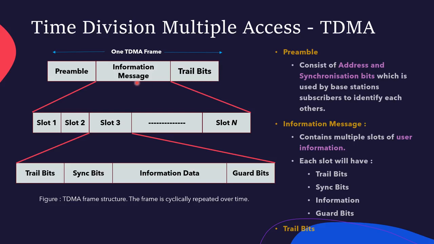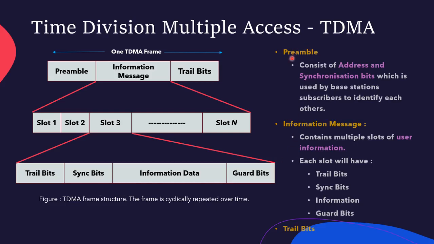The information message contains multiple slots, and each slot will have a trail bit, sync bit, information data, and guard bit. All this information is generated by one single user at his particular time.